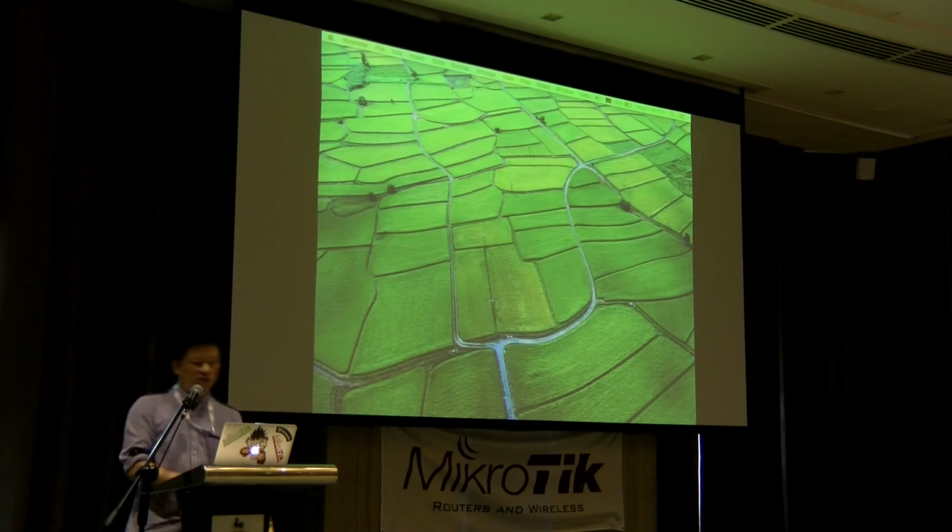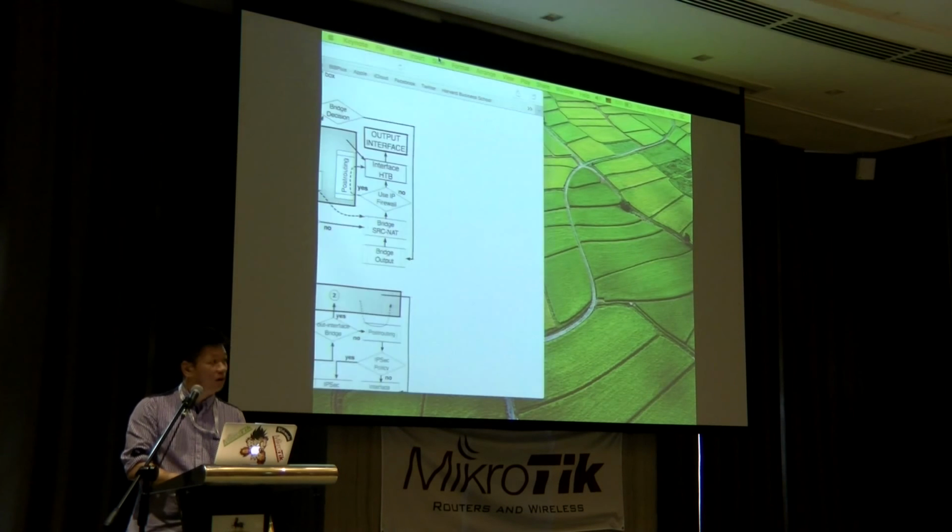It will tell you which part of the flow it is going through and at which step you want to filter out or make a marking on the packets.